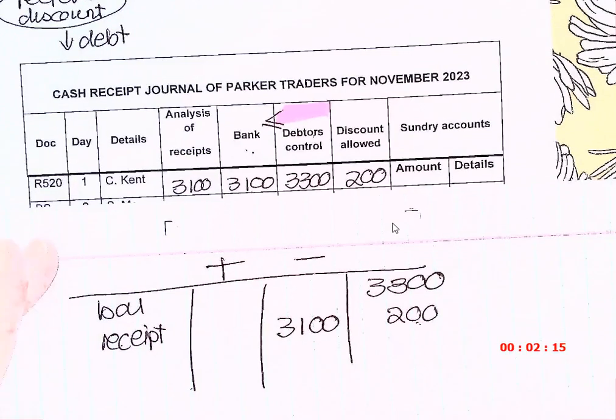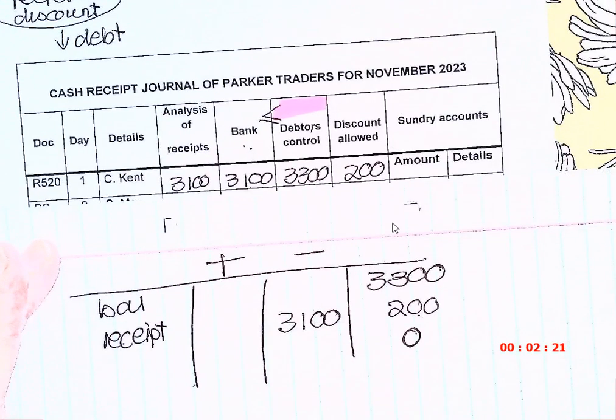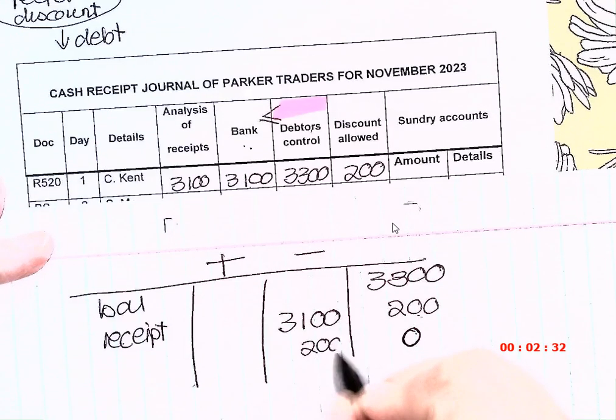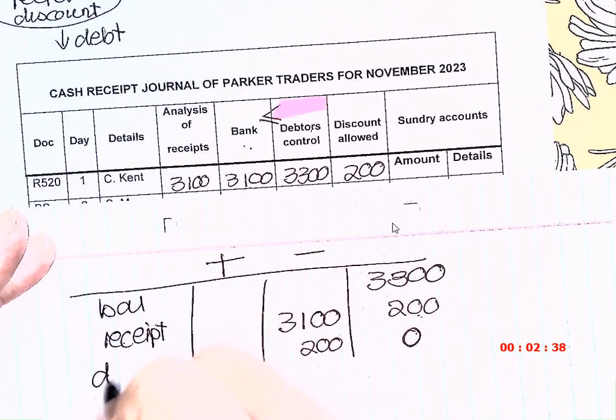Meaning, after he paid me the 3,100, his balance is supposed to be 0. But it's not. So what's the only way for it to become 0? By subtracting 200.